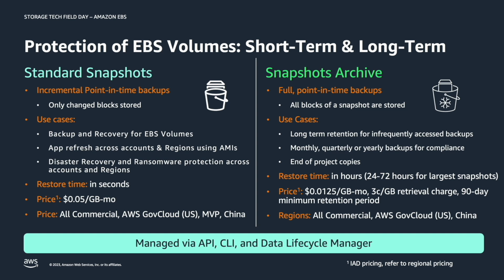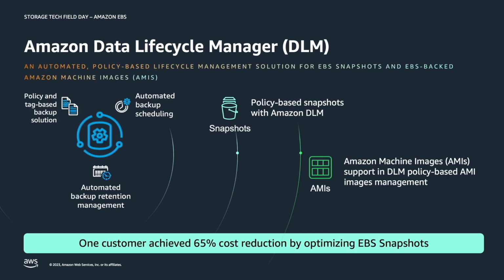These include monthly, quarterly, or yearly backups for compliance or even end-of-year projects. Now the pricing for Snapshots Archive is 75% cheaper than that of the standard snapshots. However, keep in mind that there is a minimum retention period of 90 days for Snapshots Archive, whereas for standard snapshots there is no minimum retention.